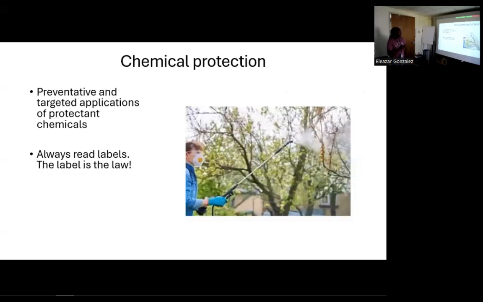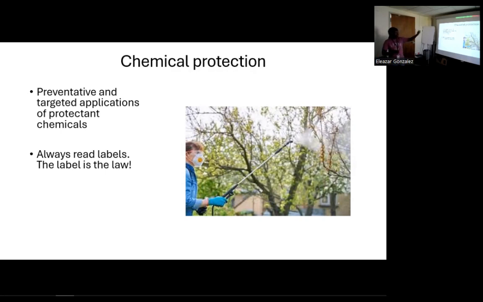And then the last one, which is always the last resort and which should be used wisely and in combination with other methods, is applications of chemicals, because sometimes you've done all those other things and you just have to use a chemical that's labeled for that pathogen. Though if you're going to use chemicals, we recommend that these are preventative and targeted rather than used indiscriminately, because that's not good for the environment.